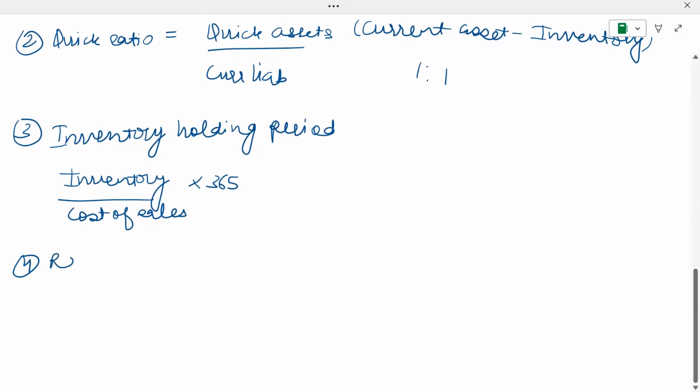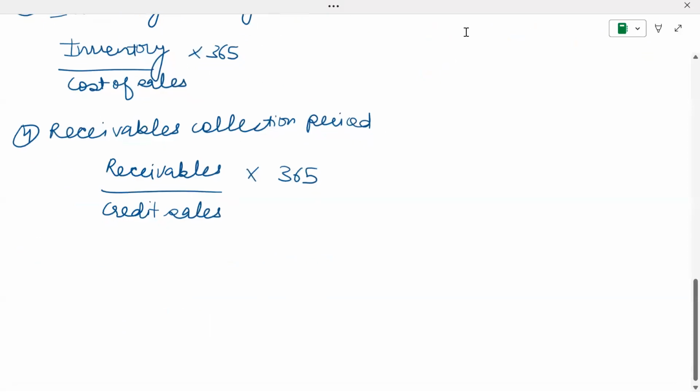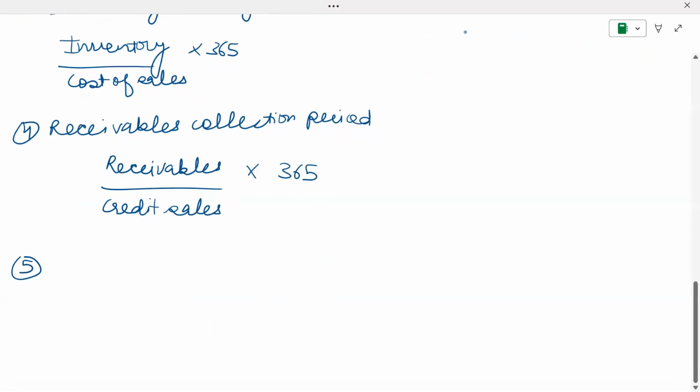Then receivables collection period. So receivables, how much are your receivables? And you divide that by the credit sales. Credit sales are the reason that you have these receivables. So divide that and multiply that by 365 to get the number of days.